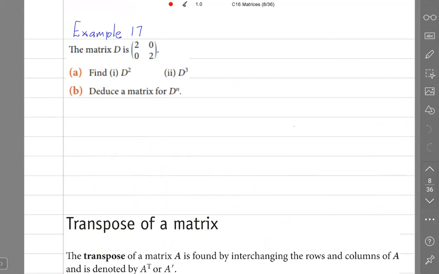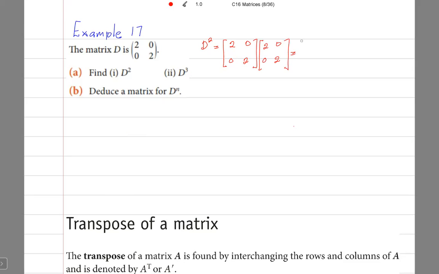We're to find D squared. So let's start out with D squared. D squared means that you multiply D by itself. So it's 2, 0, 0, 2 times 2, 0, 0, 2.